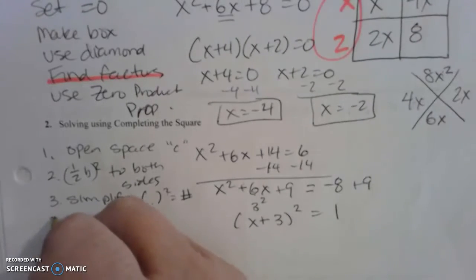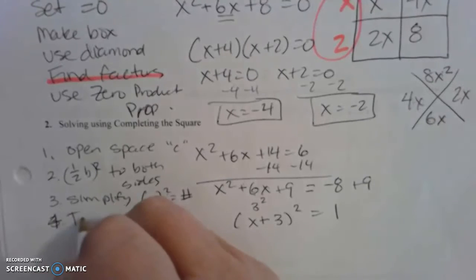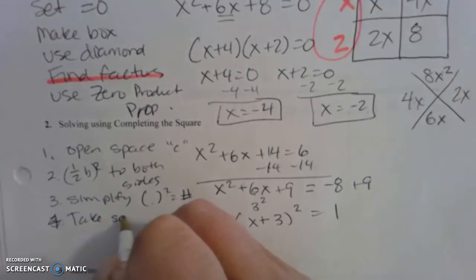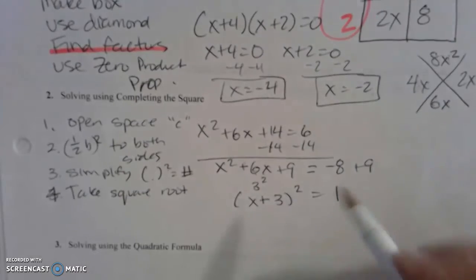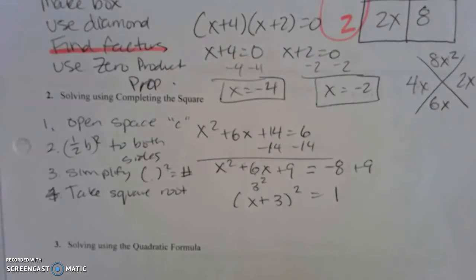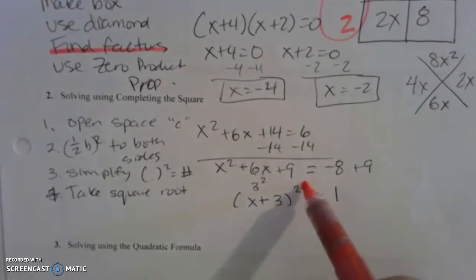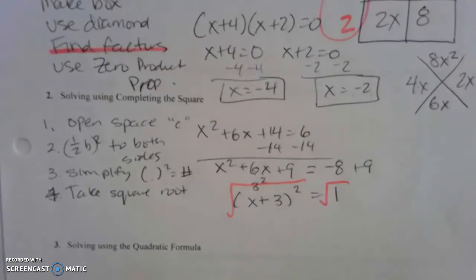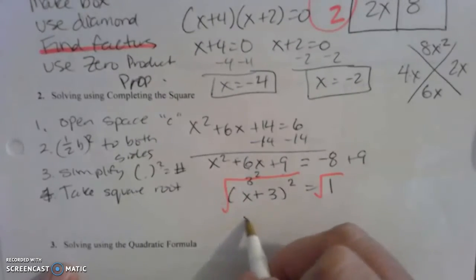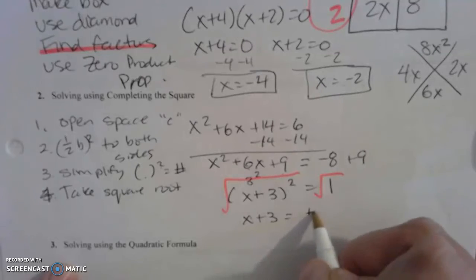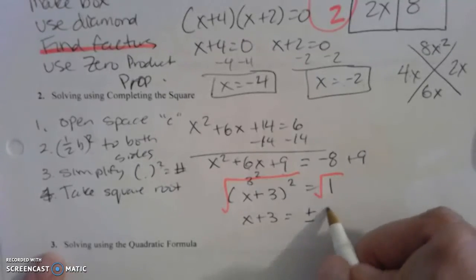And then we're going to, step 4, take the square root. I'm going to take the square root of each side. When you take the square root of a square, you just get whatever's in there. And that's positive or negative, and the square root of 1 is 1.